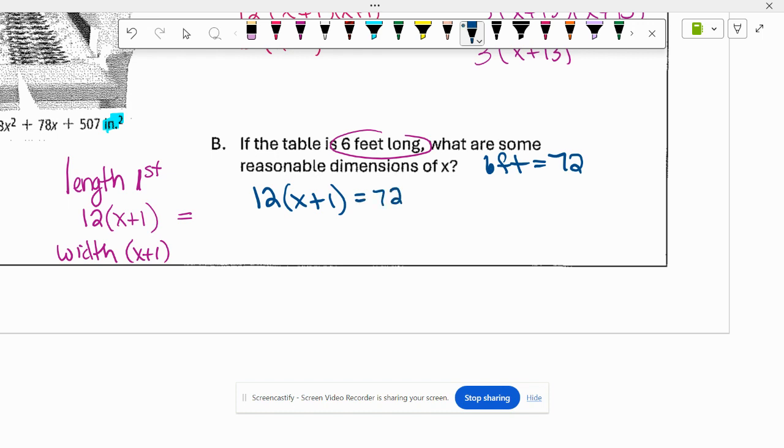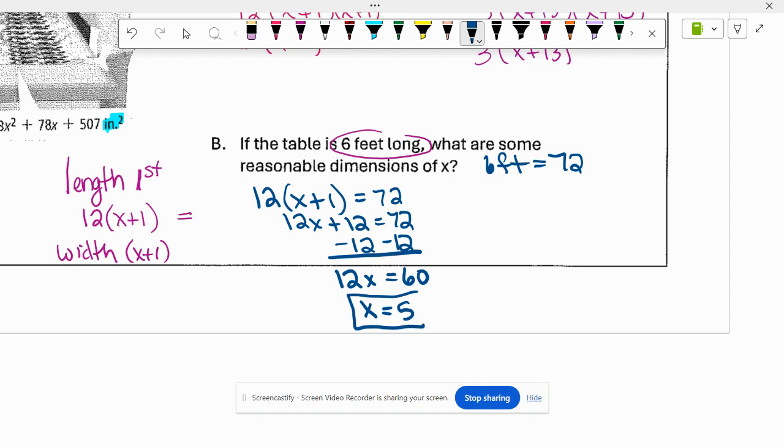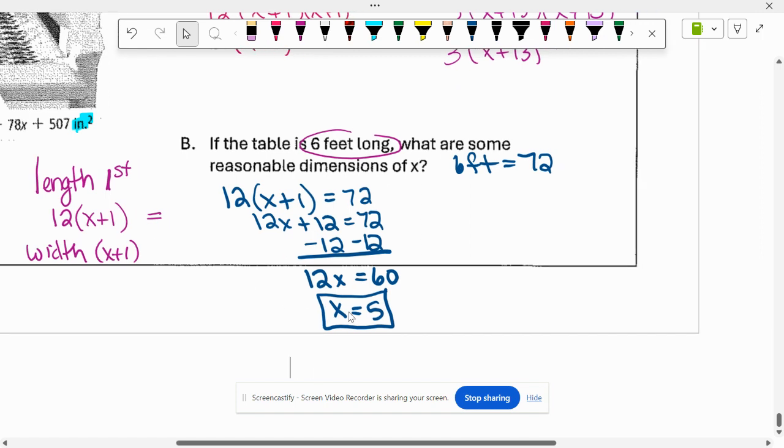So 12x plus 12 equals 72. I'm going to subtract 12 from both sides. So 12x equals 60, which means when I divide both sides by 12, x equals 5. The largest measurement possible for the first piece of material happens when x equals 5.